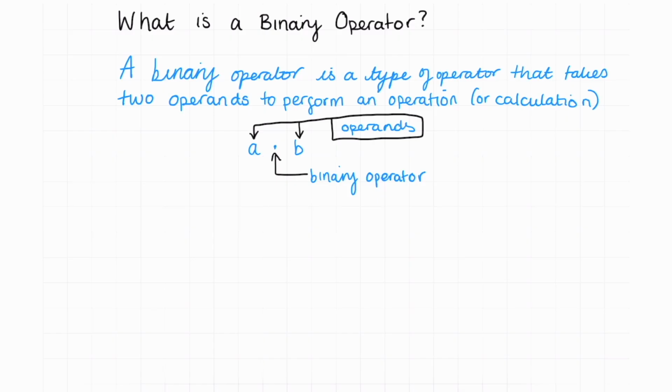You have some kind of instruction that takes 2 operands, which are like 2 elements from a set, 2 numbers. The operands are the things which the operator is operating on, and some calculation is performed on them using some instruction, which is the operator. And by binary, it means we take 2 of those operands to perform the operation.